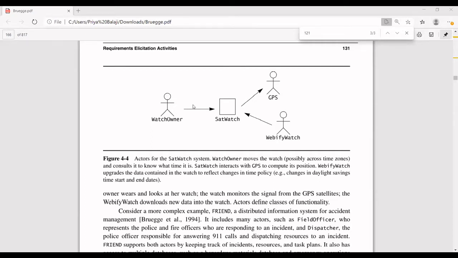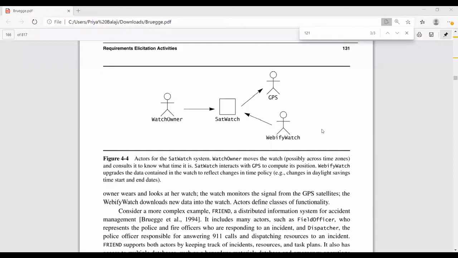When it changes from one time zone to another, how will it get to know the timing? It has to interact with the GPS, meaning your watch has to be connected with your GPS. Once the location or the zone is completely changed, the Webify watch, again a device or software, will download the current time for the particular location and in turn update your smartwatch.